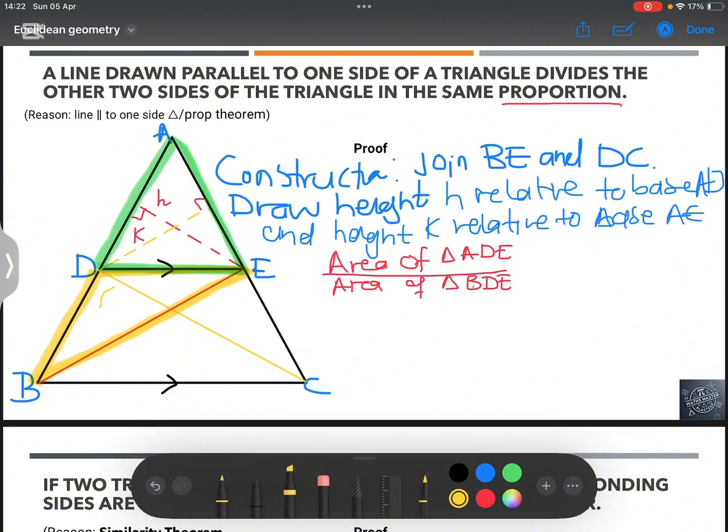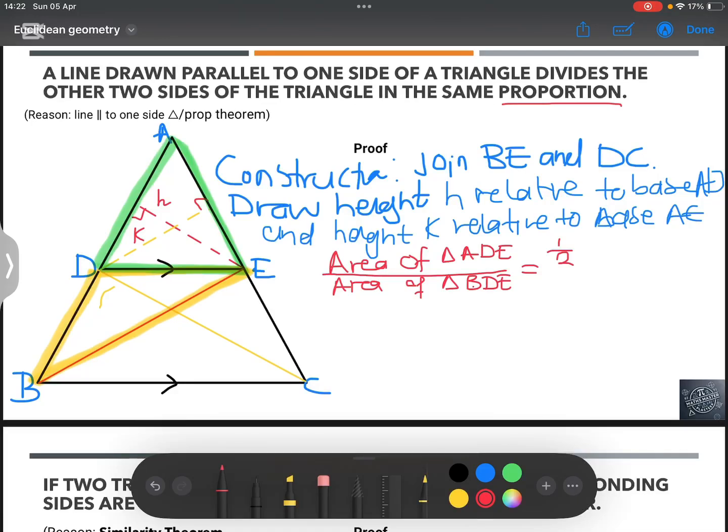Okay, so now we know how to calculate area. Area is half base multiplied by perpendicular height. Let's look at the area of the first one. That will be equal to half base.